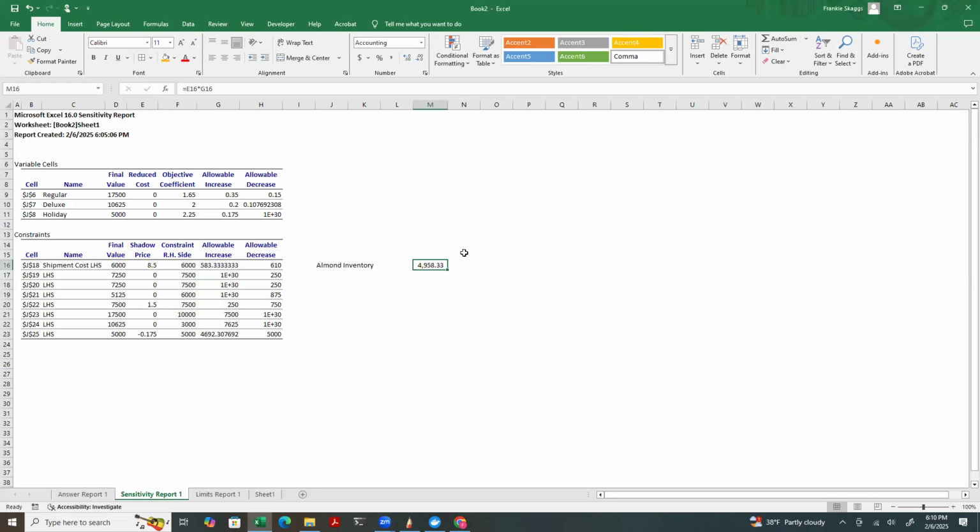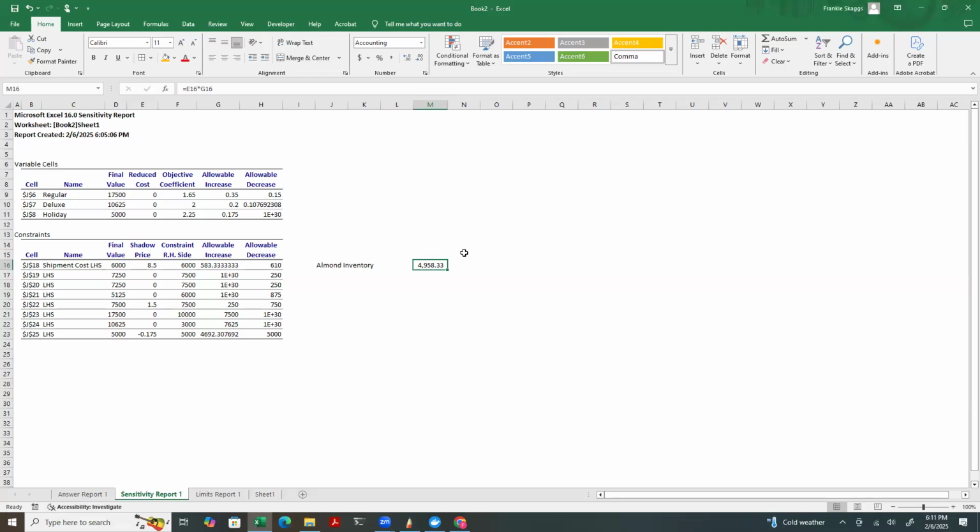Seeing as that $5,000 is much greater than the $1,000 price I would be paying for the almonds, that would definitely give me the confidence to go ahead and make that suggestion to management, whoever has the authority to execute that deal, to buy the 1,000 pounds of almonds for $1,000, given that I know if I just had 583 pounds of almonds, it would increase the profit by 4,958. So that's how I could reason it out from the sensitivity analysis.